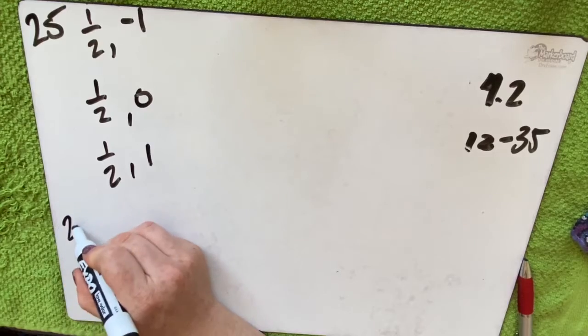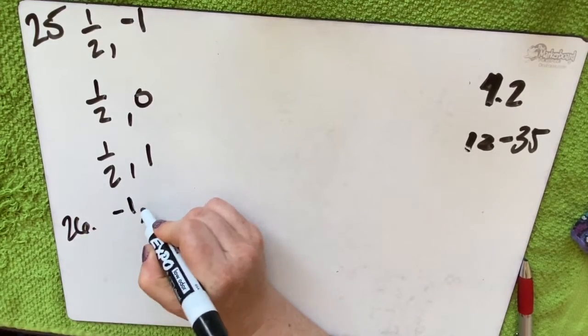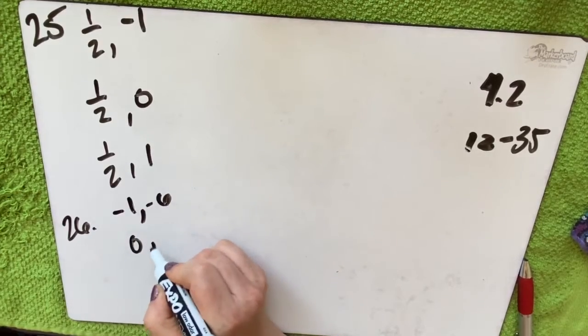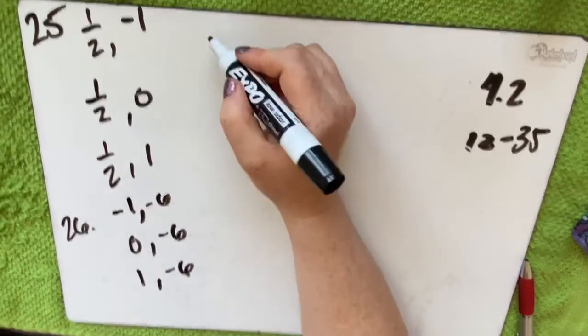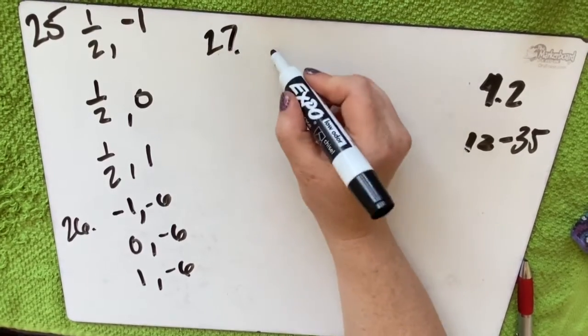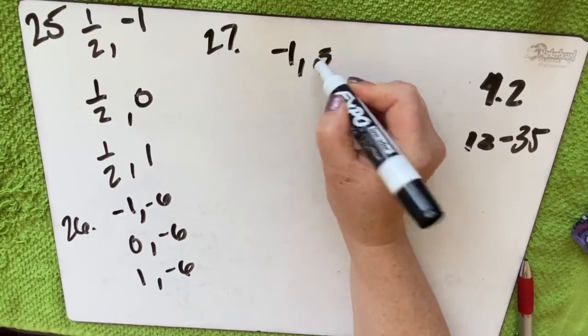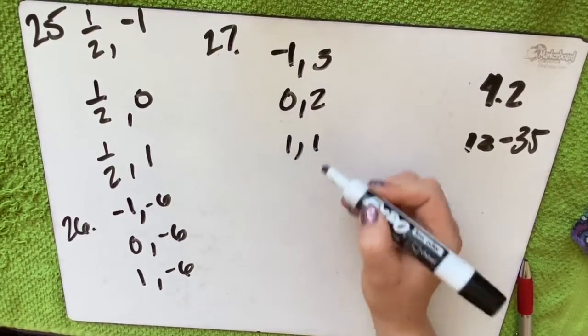Okay, 26. -1, -6, 0, -6, 1, -6. 27. -1, 3, 0, 2, 1, 1.